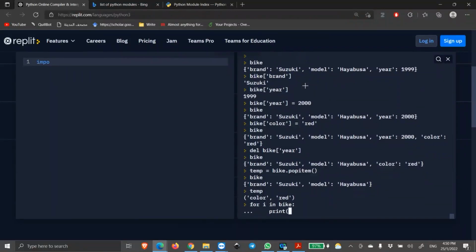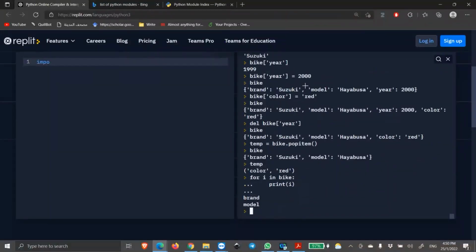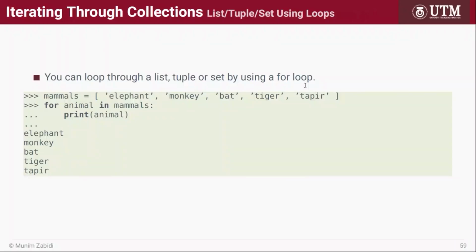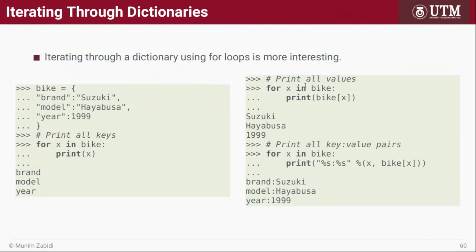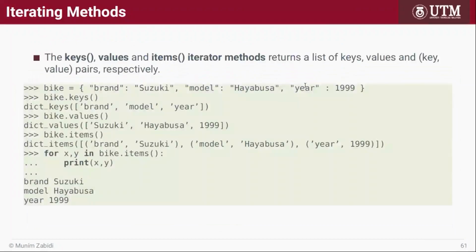But to print, you have to put the variable i. So it will just print the keys. It will print the keys only. So when you do this, it will print out the keys only. Hey, this is wrong. Anyway.